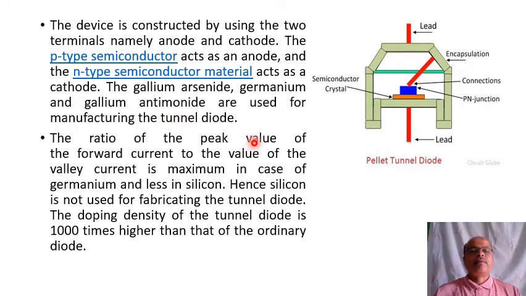The ratio of the peak value of the forward current to the valley current is maximum in the case of germanium and less in silicon. Hence silicon is not used for fabricating the tunnel diode. The doping density of a tunnel diode is 1000 times higher than that of an ordinary diode. So the construction of this tunnel diode is very easy. In the exam you can draw this diagram and explain the construction.